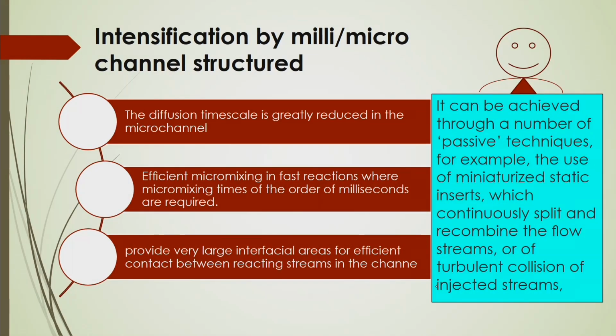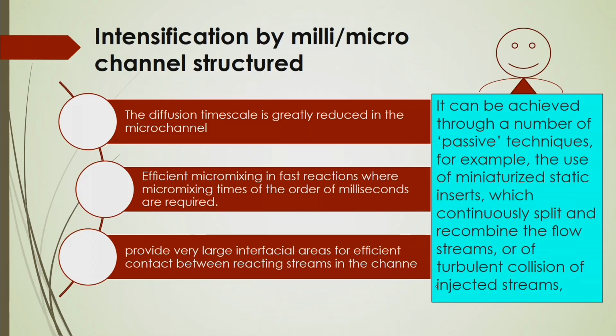Now, intensification by these milli or micro channels has some advantages. The diffusion time scale is greatly reduced in this micro channel based reactor, and efficient micro mixing in fast reactions, with micro mixing times of the order of milliseconds, can be obtained, which is required for this particular reaction system.